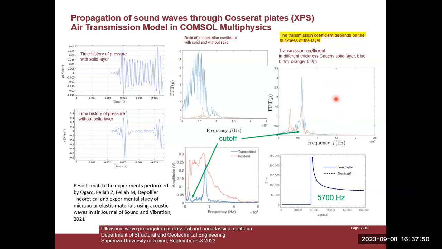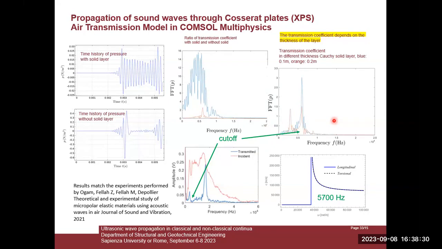And here you see our numerical results. They look pretty similar. You see the blue one? The blue one is very similar to this other one. So it is probably actually meaningful to do all that work and actually model the layer with a Coursera continuum, because it can explain very well some phenomena which are observed in experiments.